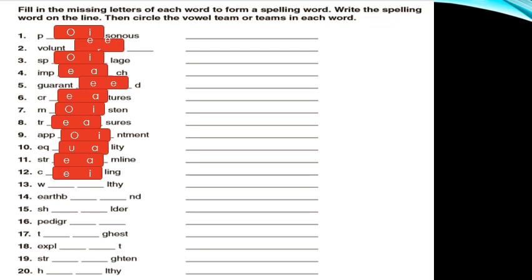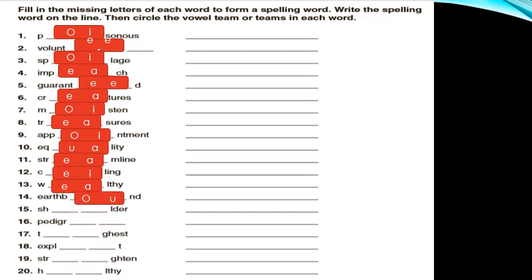13 is wealthy. Yes, I should add EA. The vowel team here is EA. 14, earthbound, OU.